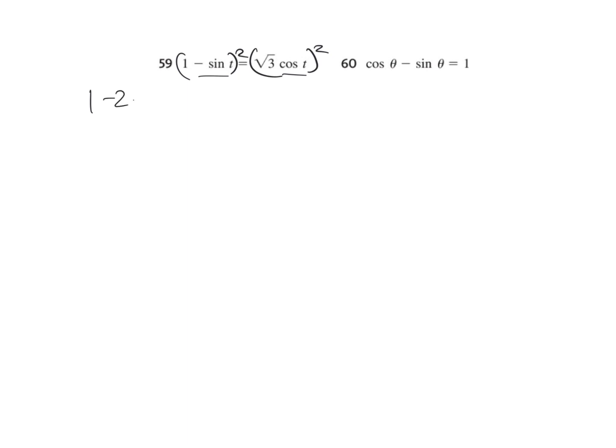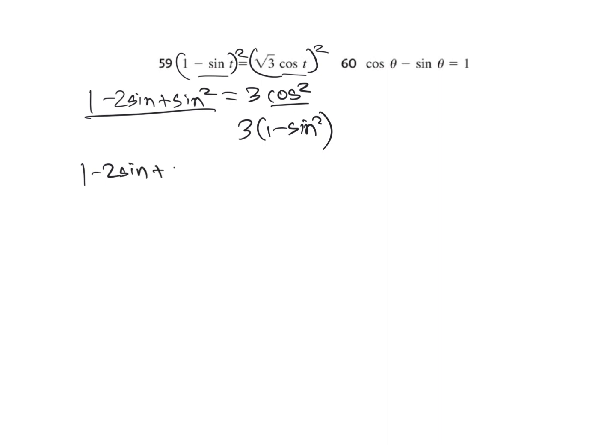If we square this, that's 1 minus 2 sine plus sine squared. And here we have 3 cosine squared. Since this is more complex, we can change this to 1 minus sine squared. Now it's all in the same variable. So 1 minus 2 sine plus sine squared equals 3 minus 3 sine squared.